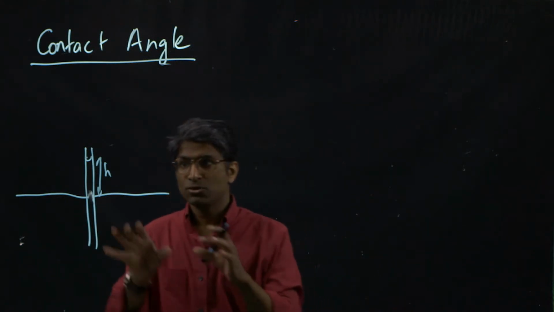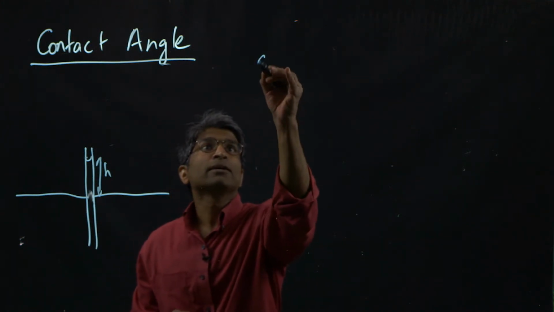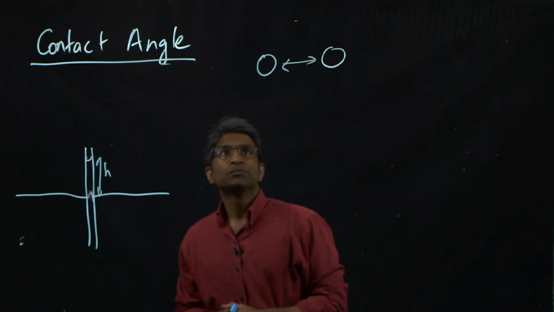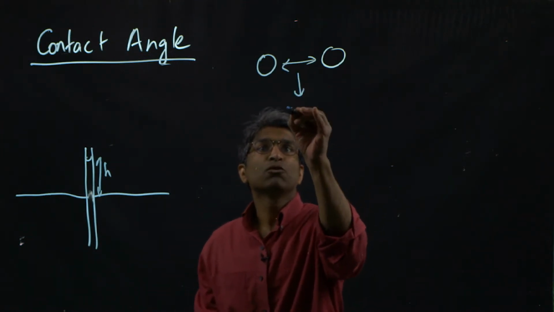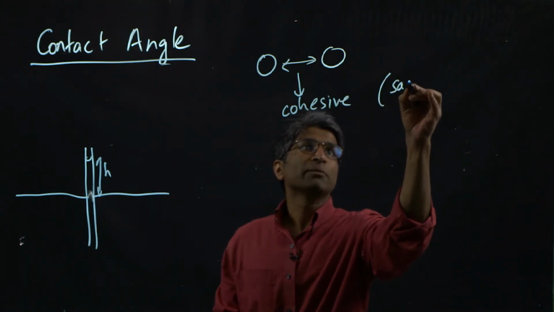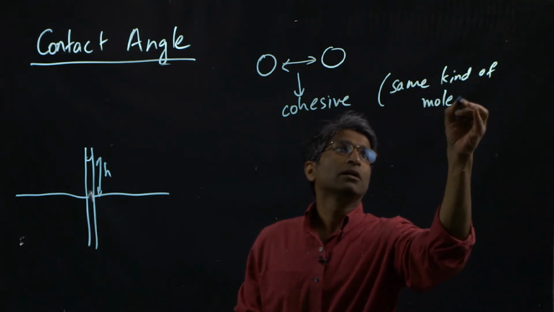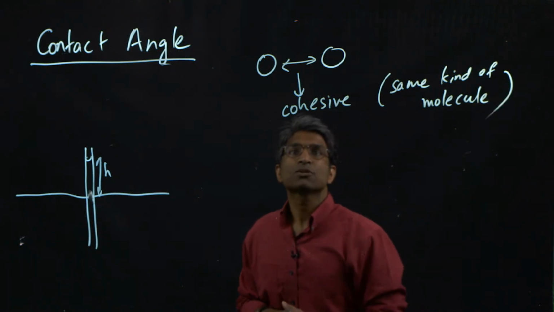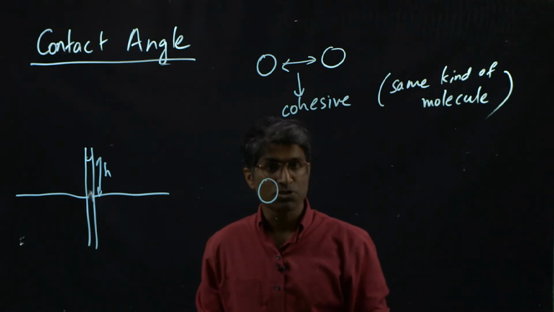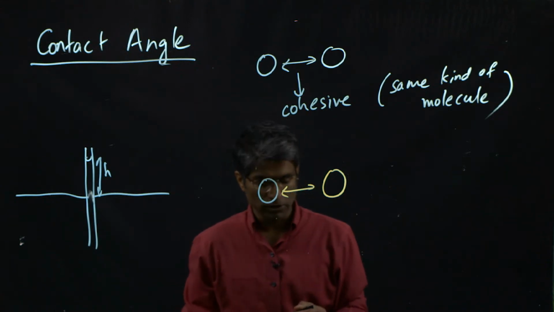So if we zoom in again to a molecular level, and you look at attractive forces between molecules, sometimes these forces, which are called cohesive forces when they are the same kind of molecule, may not be as strong as adhesive forces, which are interactions between different molecules.